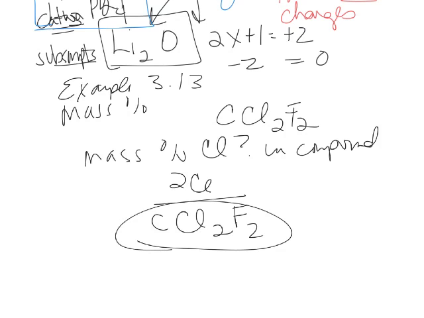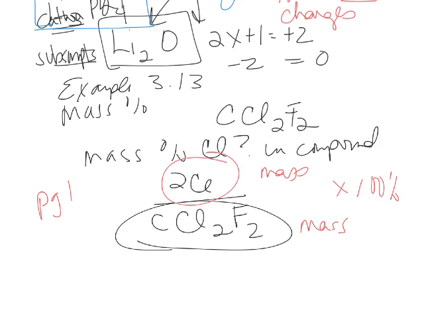You would calculate the mass here from the periodic table and the mass here, and then you take that times 100%. That example is worked on page 109. So be able to do that for your exam.